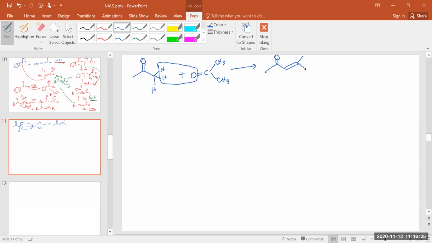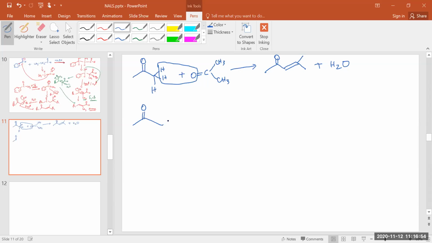So it will make like this, plus H2O. So so far we talked about different molecules, so the reactions are intermolecular, different molecules.